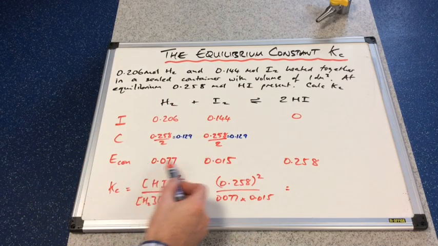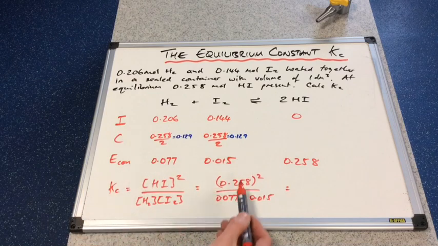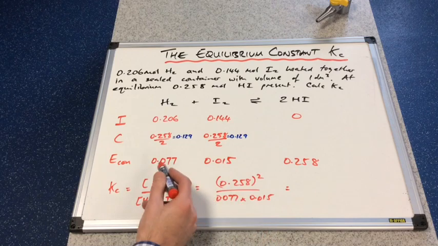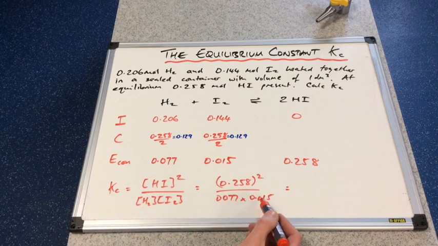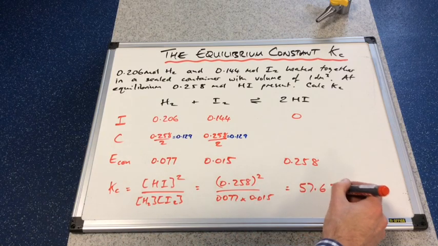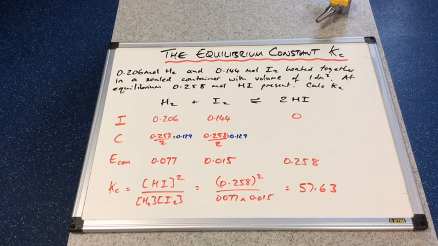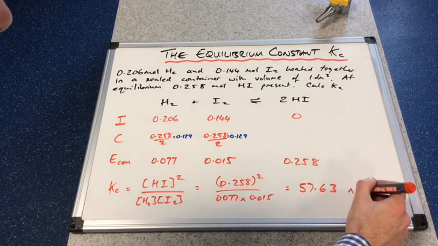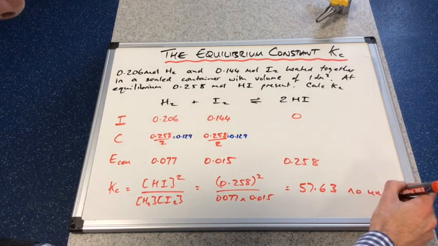So we're feeding these equilibrium concentrations into the expression, 0.258 squared, divided by 0.077, multiplied by 0.015, and that comes out at 57.63. In terms of units, moles per decimeter cubed squared on the top, moles per decimeter cubed squared on the bottom. So again, there's another one with no units.